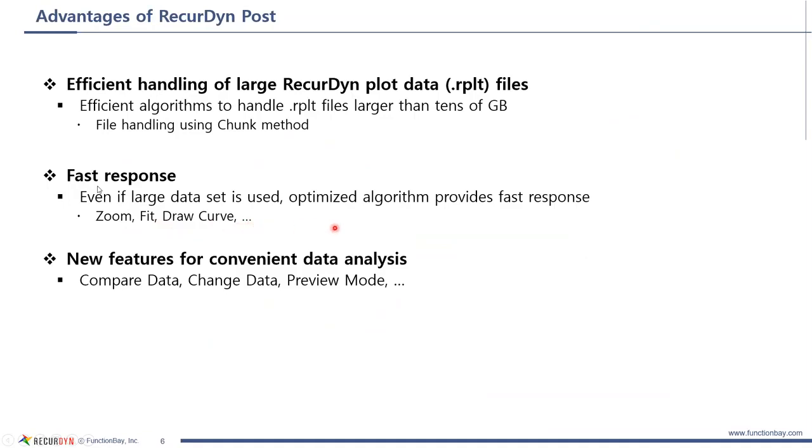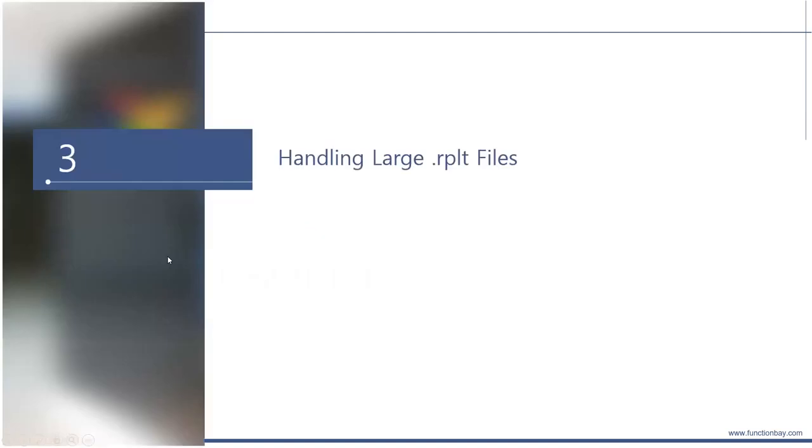The response is fast with basic operations such as drawing the curves, zooming, or fitting the screen. And there are a couple of new features for data analysis, such as compare data, change data, and preview mode.